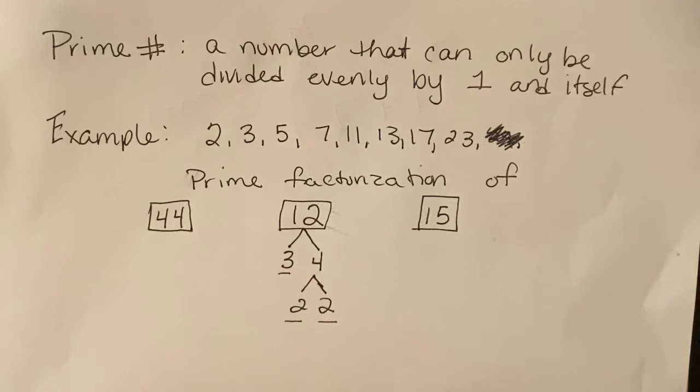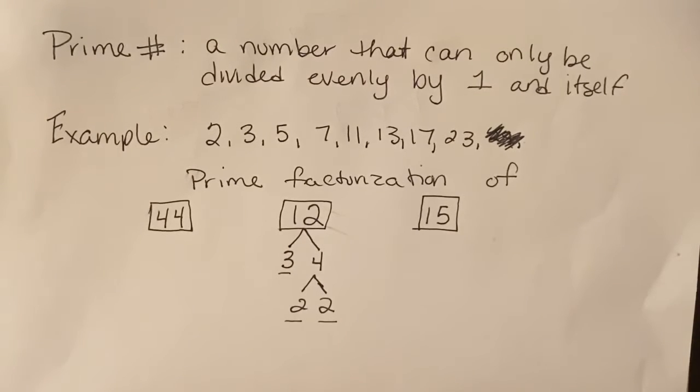There are more numbers that are prime numbers. Okay, so the number 2 can only be divided by the number 2, because 2 divided by 2 is 1, and 1. 2 divided by 1 is 2. 3 and 5 and 7, 11, 13, 17, and 23 are also the same. They can only be divided by themselves.